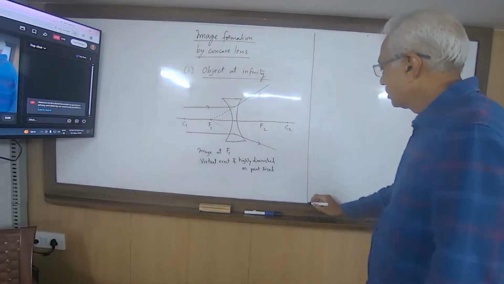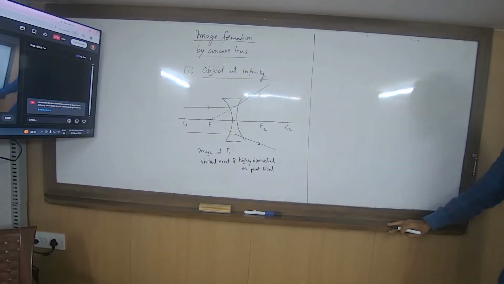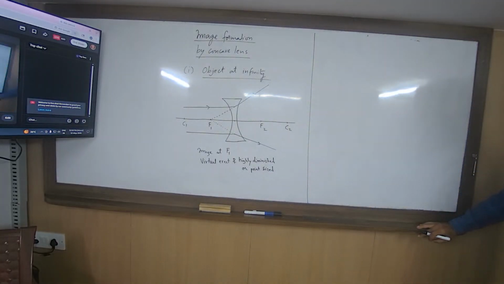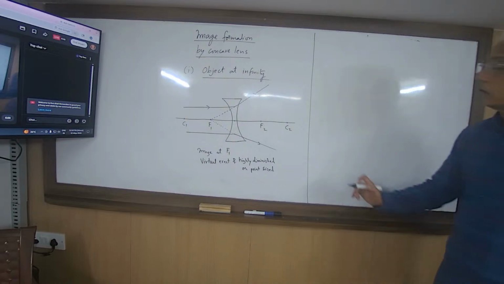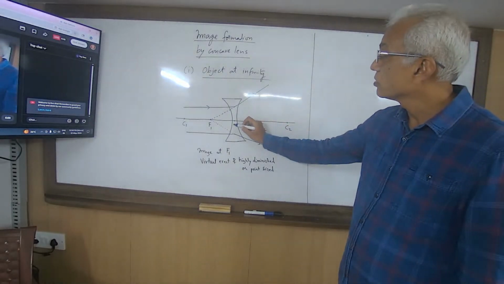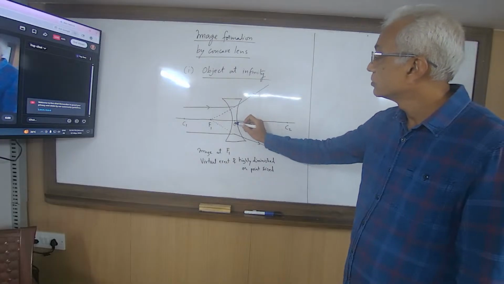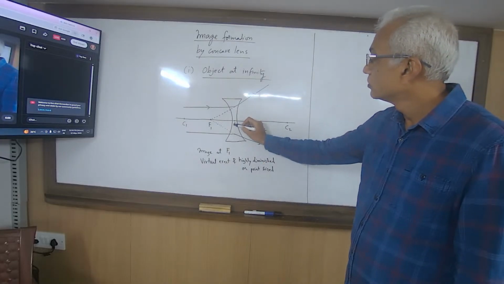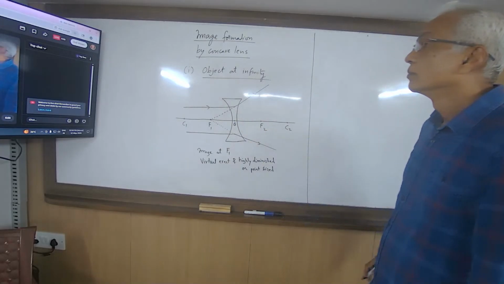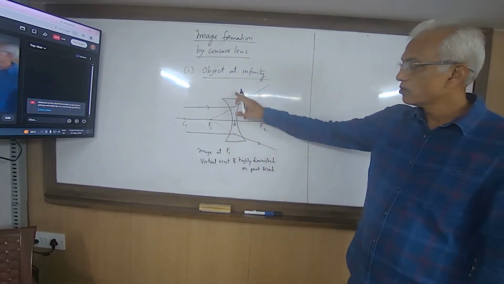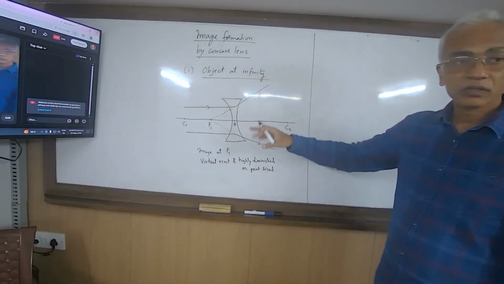So whenever the refracted rays are diverged, they have to be extended backward, and wherever they meet, a virtual image would form there. And the optical center also you have to mention, O. Sometimes the names M, N will also be given, but not required.